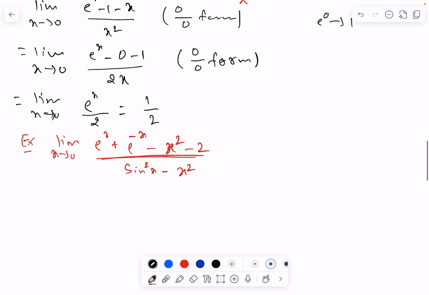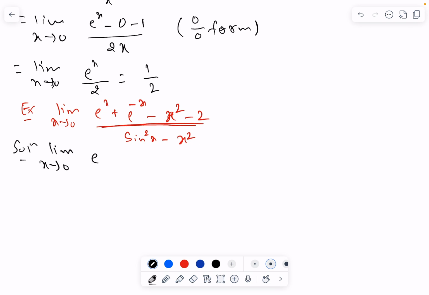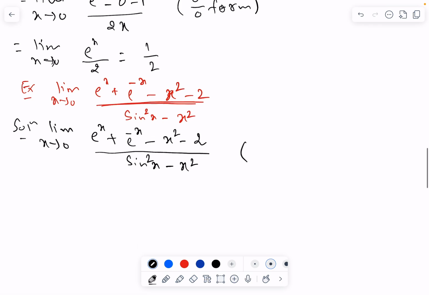Okay. So we have to evaluate the limit as x tends to 0 of (e^x + e^(-x) - x^2 - 2) divided by (sin^2 x - x^2).